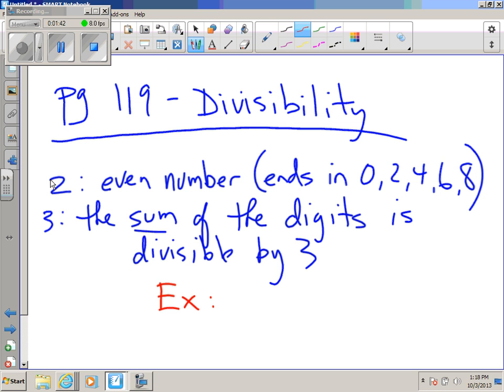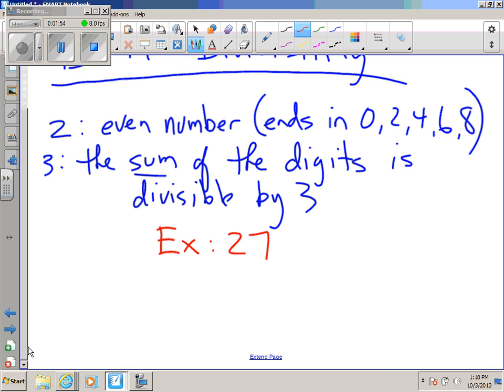Now, give me a 2-digit number. Anyone? Josiah? 27. So when I look at 27 and I want to test its divisibility for 3, chances are you already know it's divisible by 3, but when I add the digits, the 2 plus the 7 equals 9. 9 is divisible by 3, therefore, so is 27.